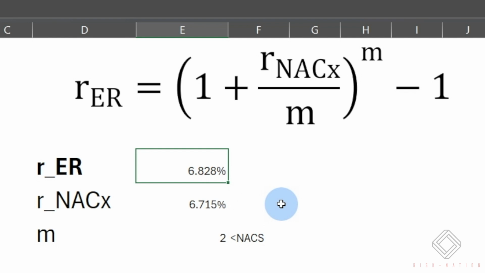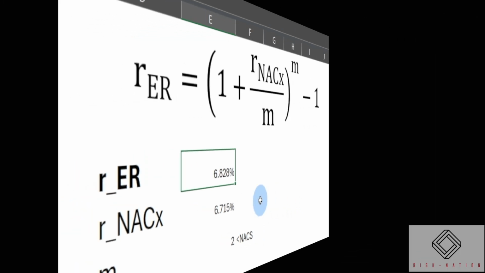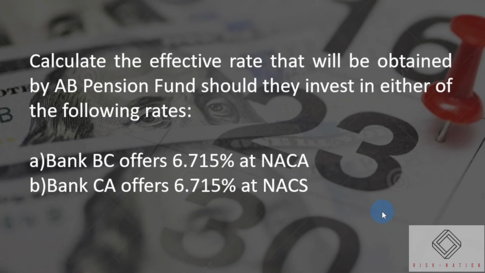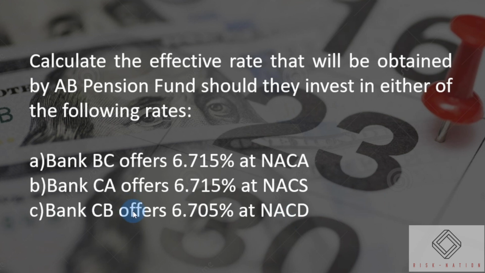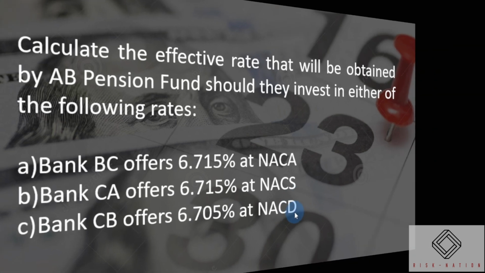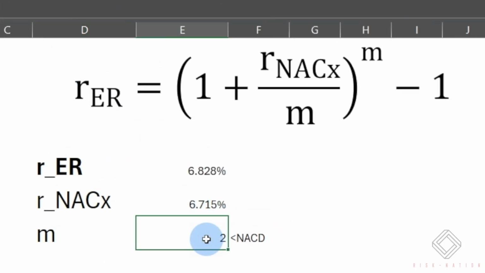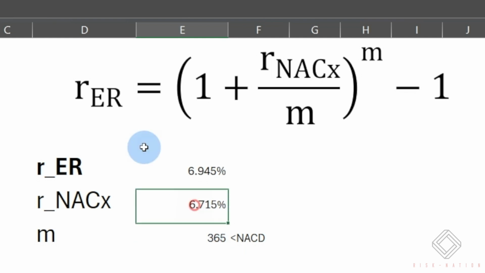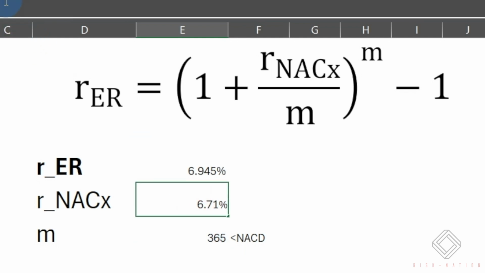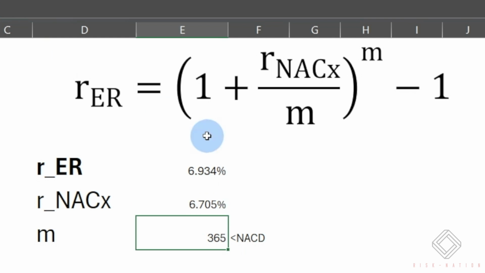Let's now look at the next rate in our scenario. The third scenario is now Bank CB that offers a rate of 6.705 at NACD. That's a daily compounding frequency. So when we have NACD, that's 365 compounding periods, and the rate, in fact, is lower. The nominal rate is 6.705.